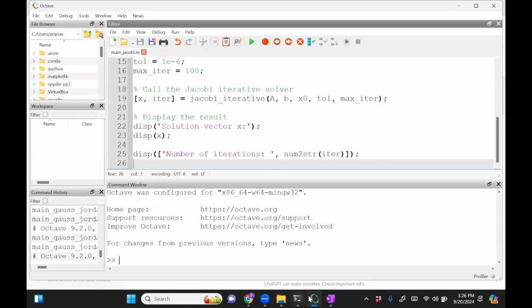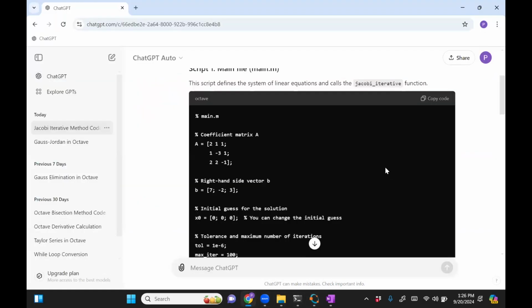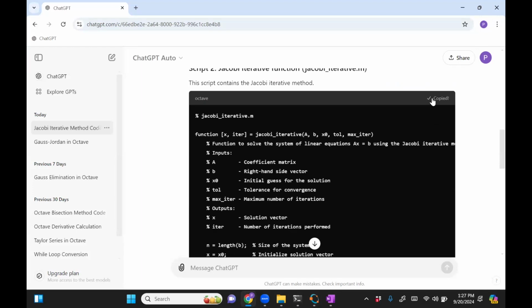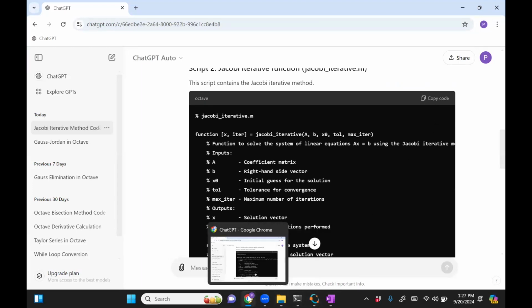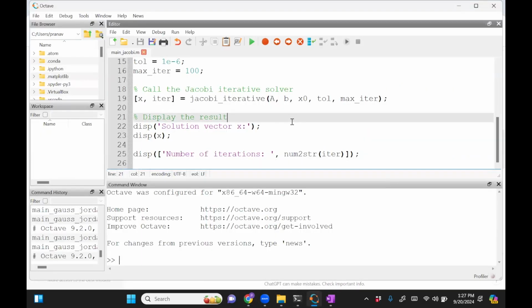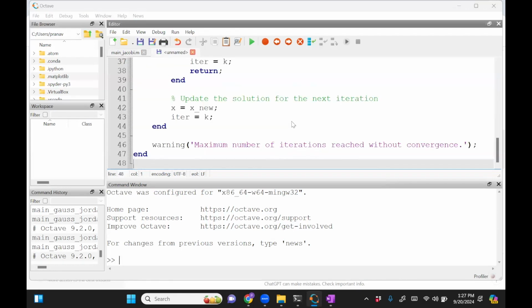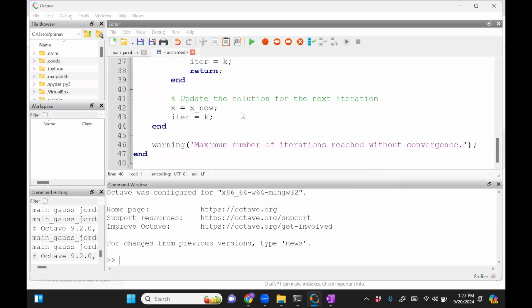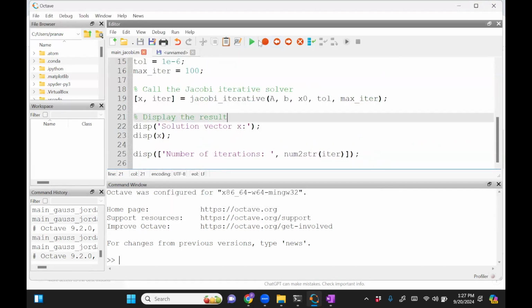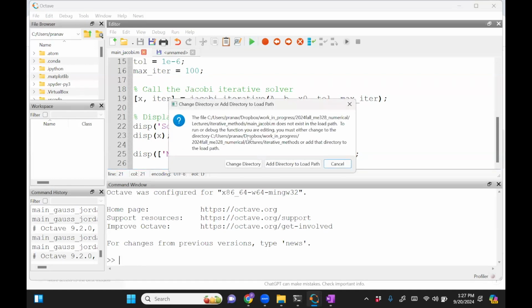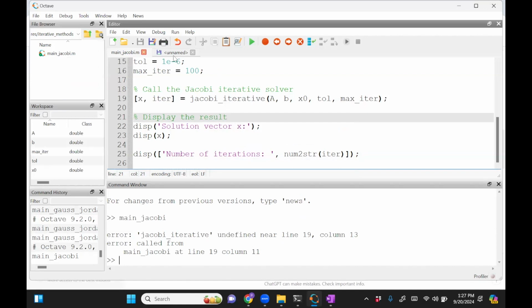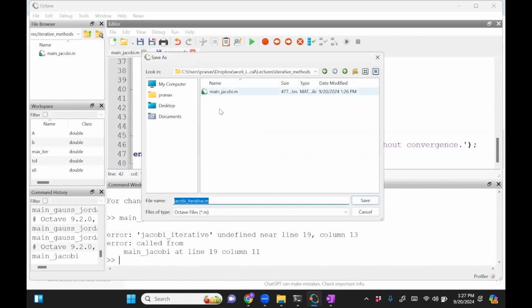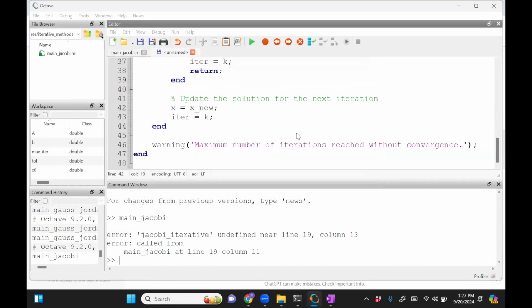Okay, and then the other one was a function call. So copy that. Okay, and then I don't want to go to the same folder again. So here's a trick. Just run, and it will probably fail. Just say change directory. And the reason I did that is because now when you go here and say save, it automatically goes to the same directory. Save.